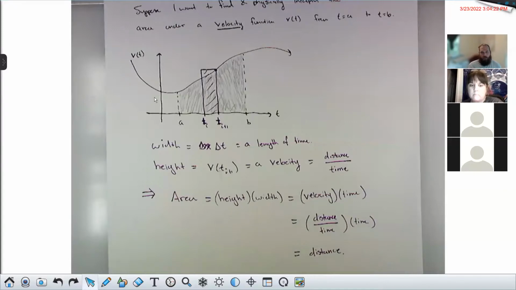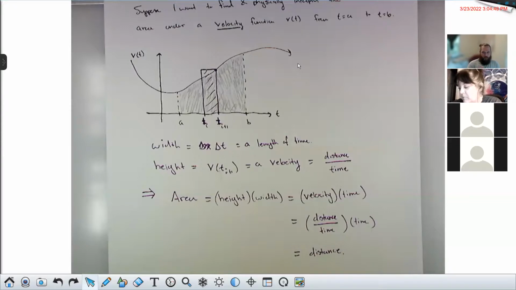The thing I want you to take away from this little moment we've had is that the area under a velocity curve is going to be a distance. Now, again, I'm assuming that the velocity function is always positive. The sticking point there is that if the velocity is negative, you're going backwards. If the velocity is positive, you're going forwards.